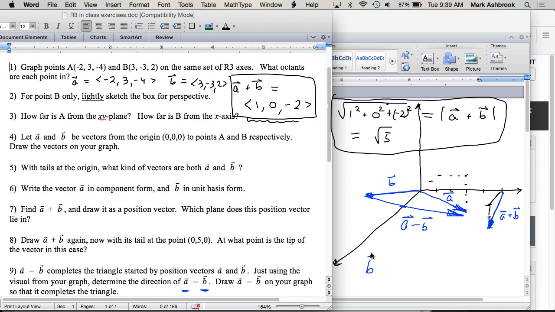So according to my picture, B plus (A minus B) equals A is true. Head out B, then start here and head to here, and that's the same as the summation, A. Now, mathematically, is that correct? B minus B goes away, leaving A equals A.